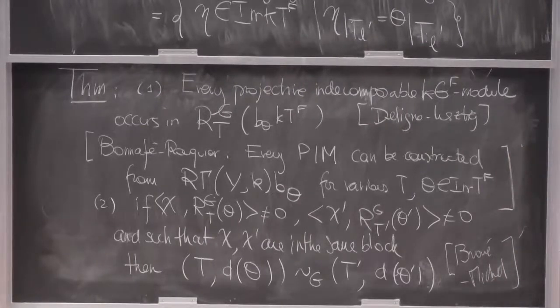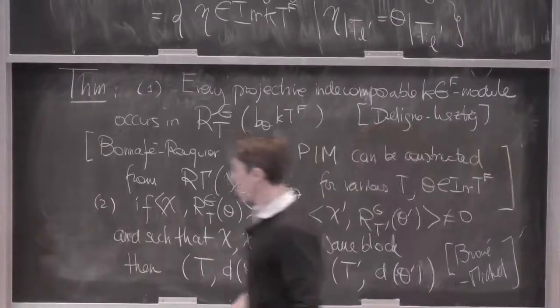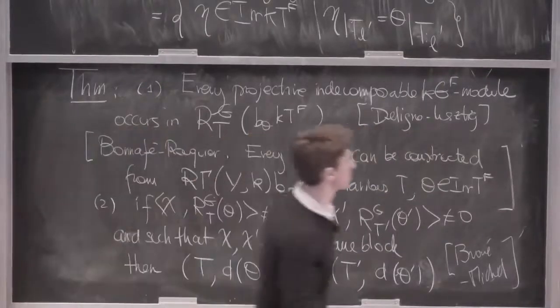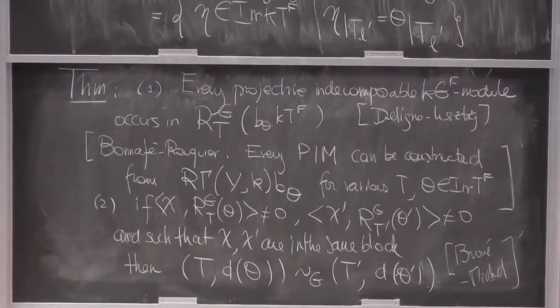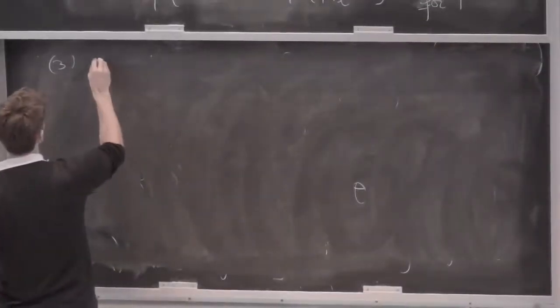And there is a third statement that I want to add, which will be about the basic sets. These are the two analogs of what happened in characteristic 0. For the third part, I have to assume something on l.